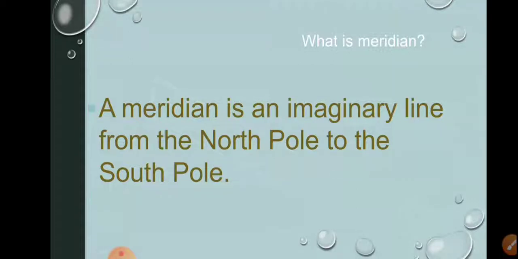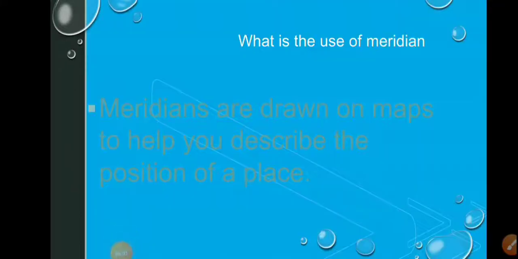Next we are going to discuss the meridian. What is a meridian? Well children, a meridian is an imaginary line from the north pole to the south pole. From the north direction to the south direction, there is a line. It is called a meridian.